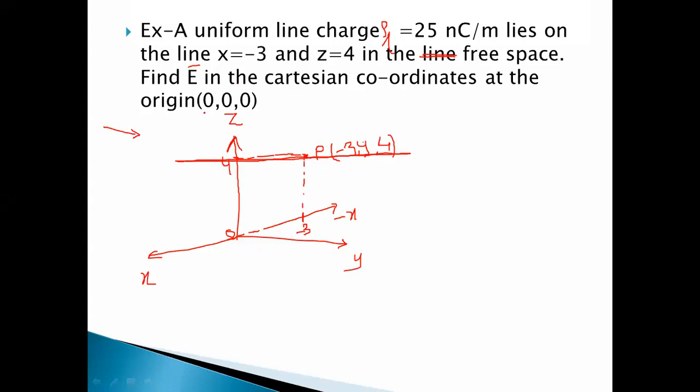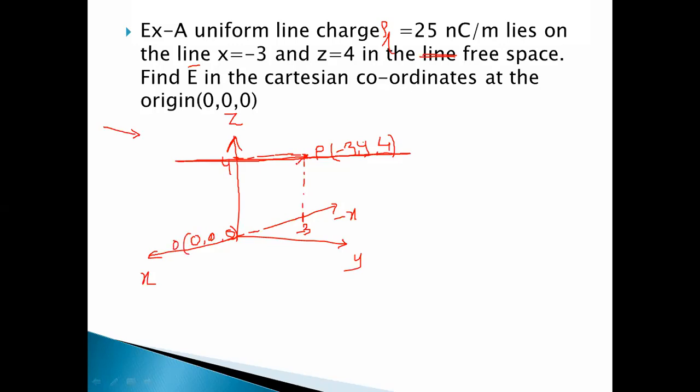We have to find the E bar in the Cartesian coordinates at origin. For origin the coordinates are 0, 0, 0. Right? And we have to find the electric field intensity at origin.